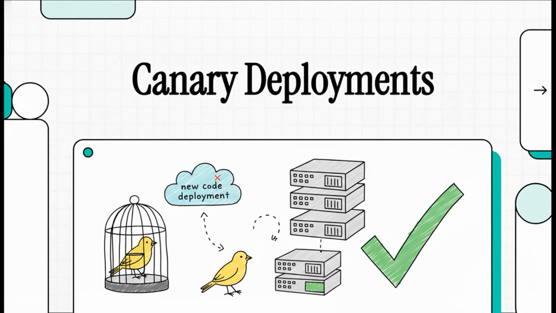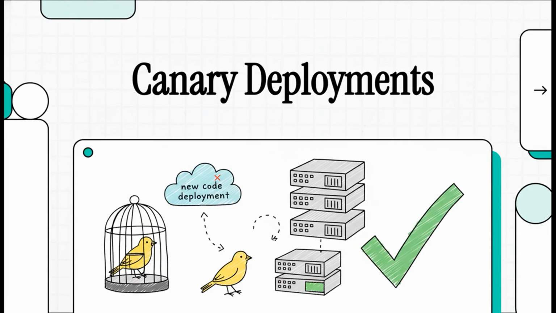Right. They used to carry actual canaries down into the mine shafts. Yeah, because canaries have a much faster metabolism and respiratory rate than humans, so they're highly sensitive to toxic odorless gases. Like carbon monoxide. Exactly. If the canary stopped singing or collapsed, the miners had this early warning system. They knew a localized failure was happening, and they could evacuate before the gas reached lethal levels for them.